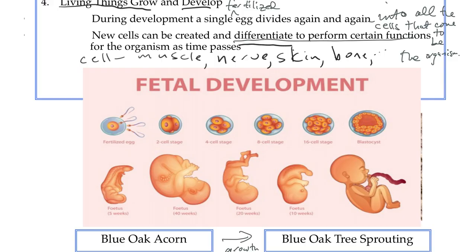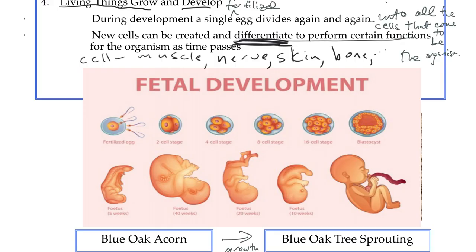So when we develop from an embryo, these generic, undeveloped cells first divide, and then those cells specialize, they differentiate into specialized cells that can do specific things that other cells can't do.